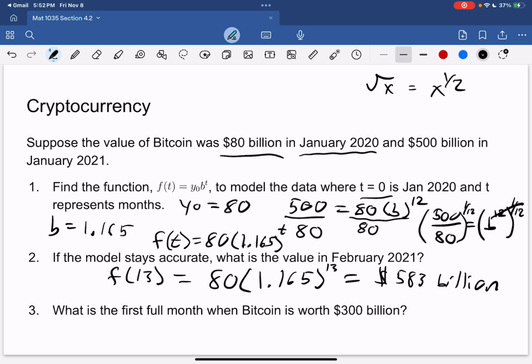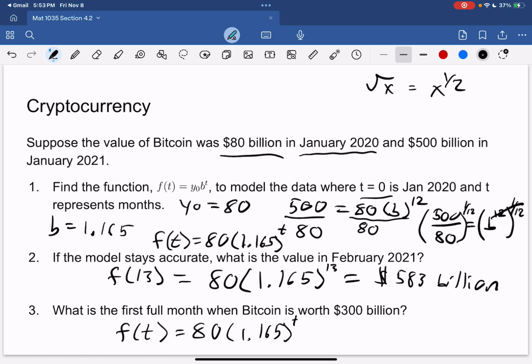Okay. Now the third question here: what is the first full month when Bitcoin is worth 300 billion? Later in chapter 4, we will discuss more about how to solve for this. But for now, we can use trial and error because we have a function. All I need to do is pick out some values to see where 300 billion happens.